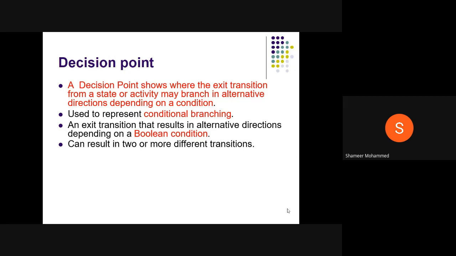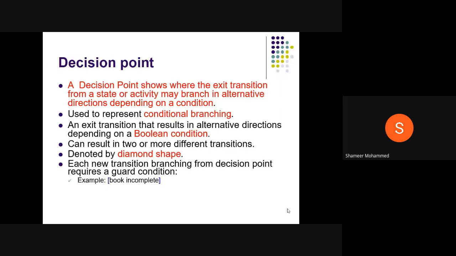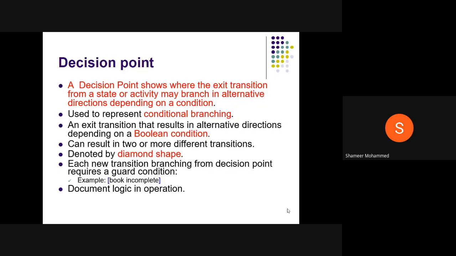It can result in two paths, one for yes, another for no. You have to use a diamond shape symbol. And you see here the example, guard condition, book complete or incomplete. You have to write these things in the diagram.